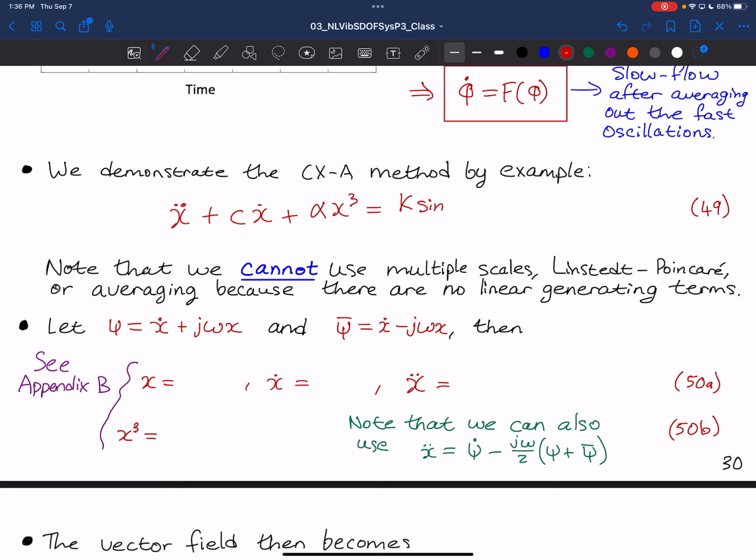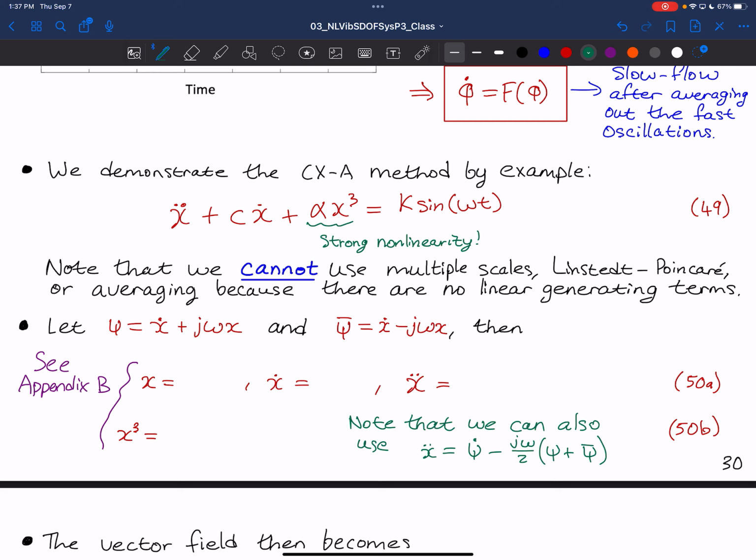One thing you should note here is that alpha times x cubed is a strong nonlinearity. Another thing to note is that there's no linear term, no omega 0 squared times x. So there's no linear generating term, and that means you cannot use the method of multiple scales, you cannot use Lindstedt-Poincaré, and you cannot use the averaging method either.